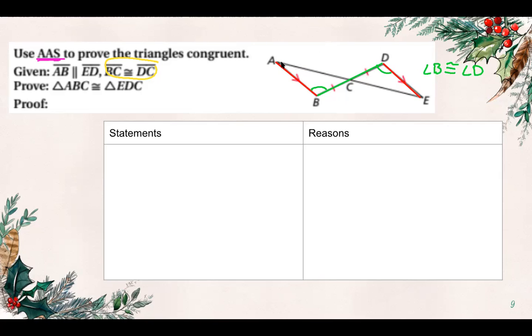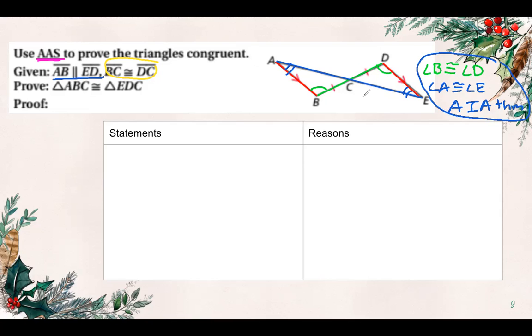This is also true for this line over here, AE, which could also be a transversal, and that creates some alternate interior angles here. So angle A and E are alternate interior, so both of those are congruent by the alternate interior angles theorem. These are going to have to be some separate statements in my proof. I'll have to state these because I'm using the idea of parallel to get there.